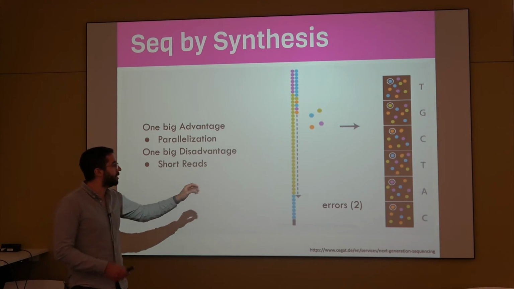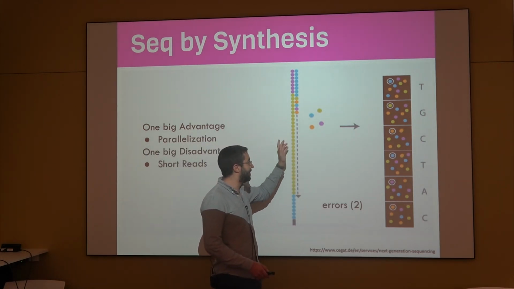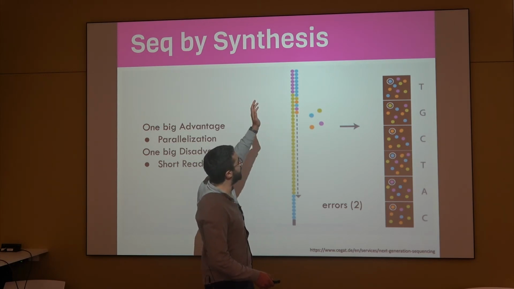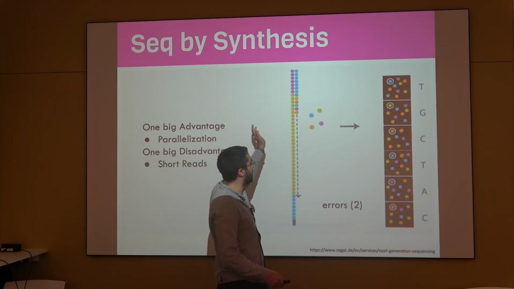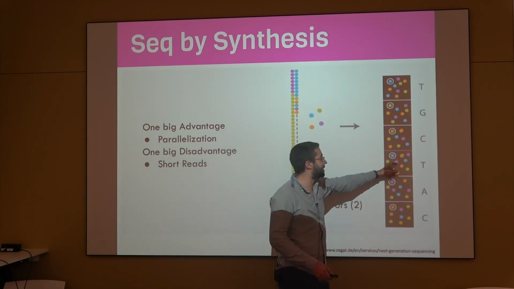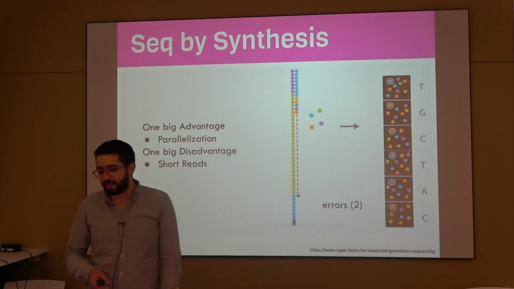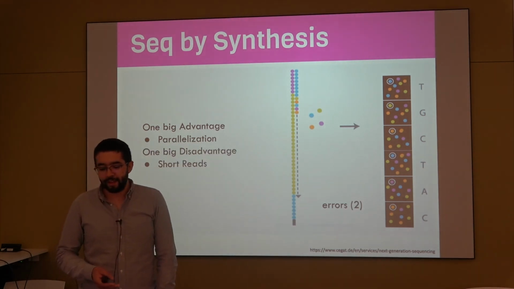So each one of these fragments cannot be very long, because if this sequence gets too long, then in the fluid where it's swimming, more or less, it's going to start moving around and taking the place of other dots, and it's going to be really hard to tell apart. And this is a different problem.